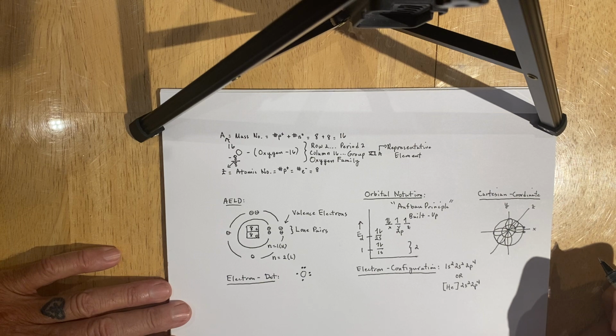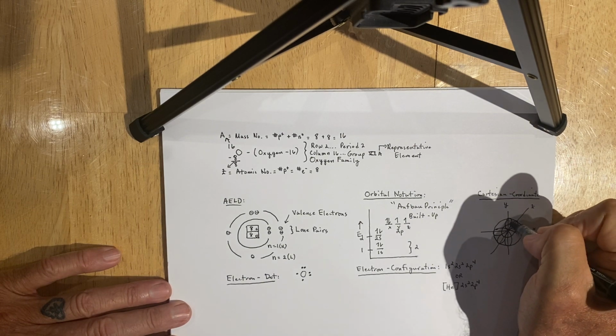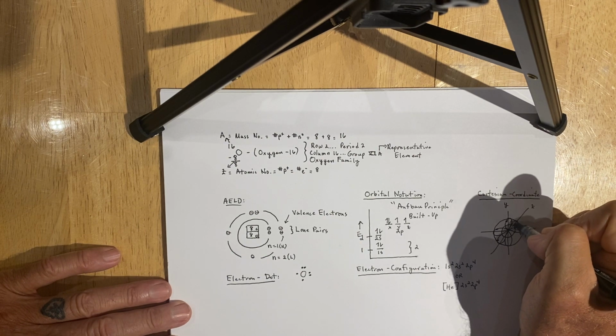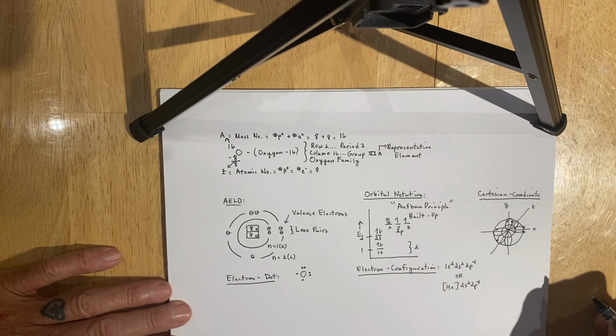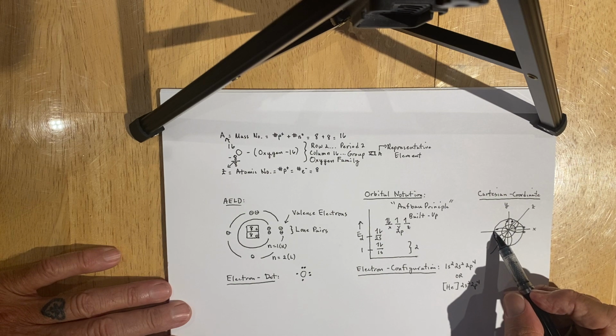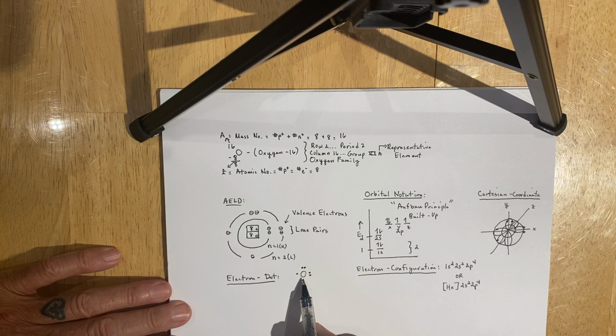To place the last 4 electrons, I would suggest you start in the x, then put 1 in the y, 1 in the z, and then pair up the 1 in the y. I do that because I want the arrangement of these electrons to look similar to the arrangement of electrons in the electron dot and the AELD.